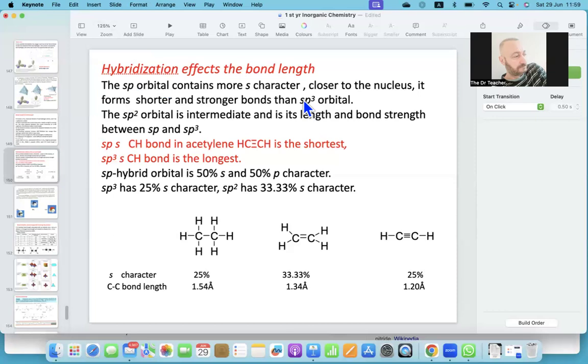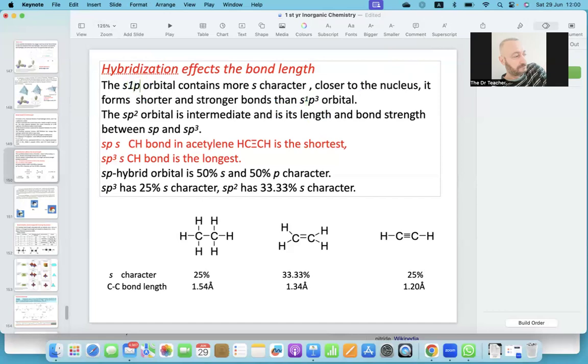So the central atom in sp3 used one electron. I just want to be precise: we can write sp3 as s1p3, and here we have s1p1.